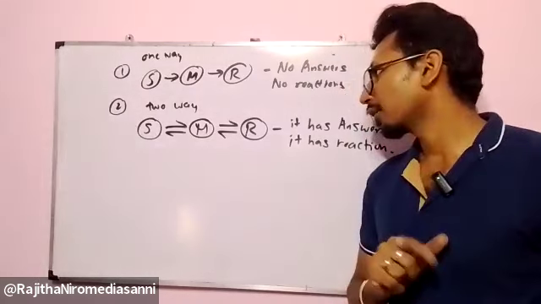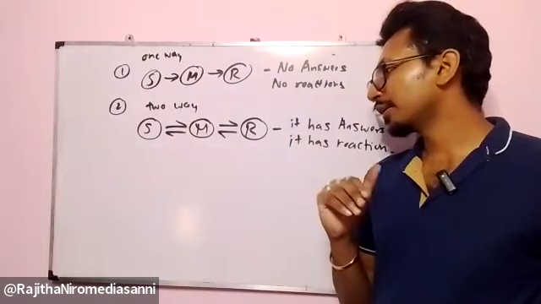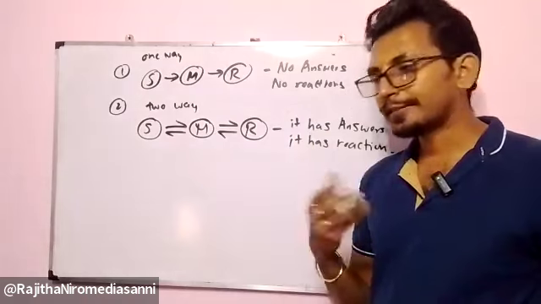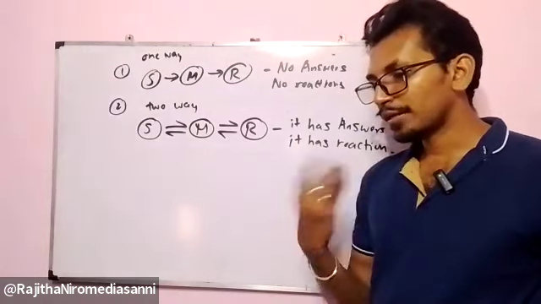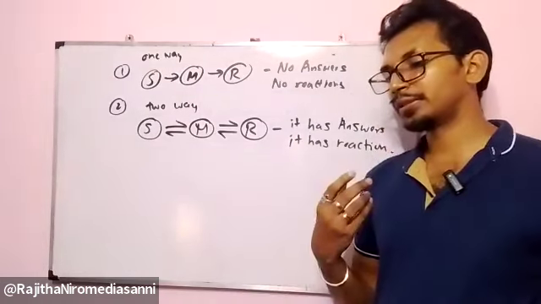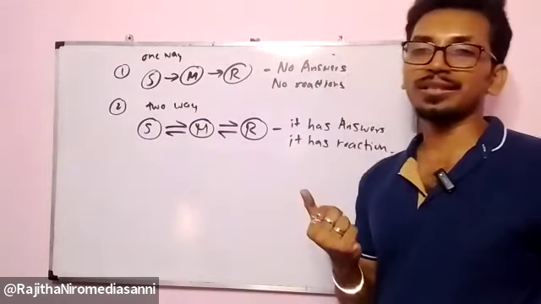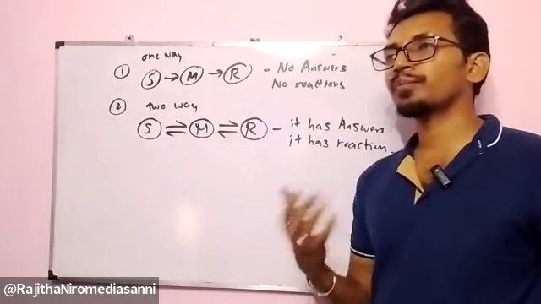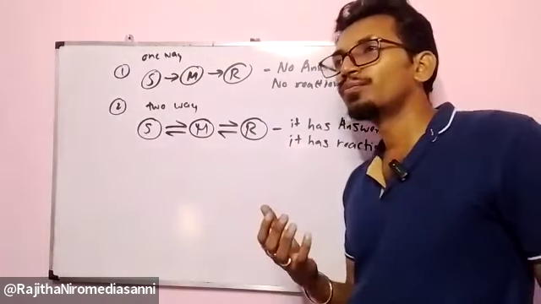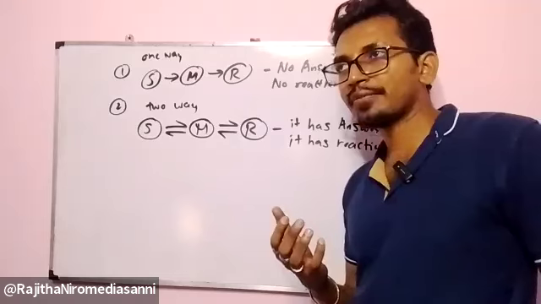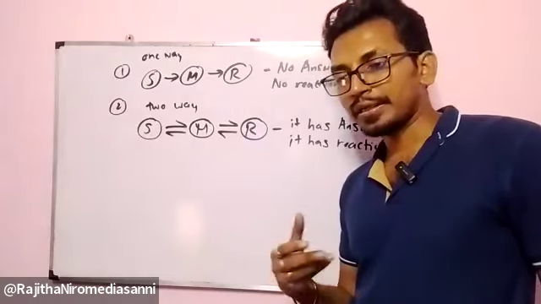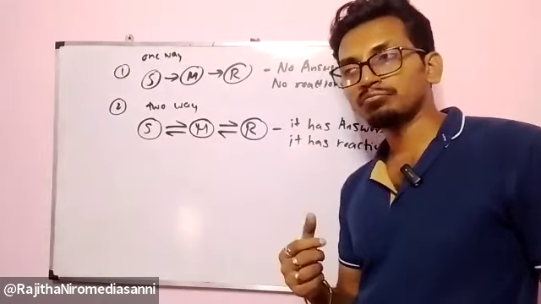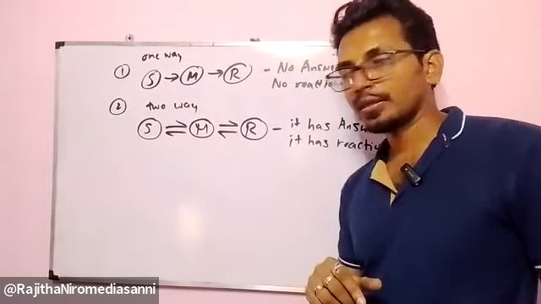As an example, for one way communication, just write: reading newspaper, listening to the radio or something. Both of those examples don't have a reaction. Just reading the newspaper, just listening to the radio, no reactions are there.